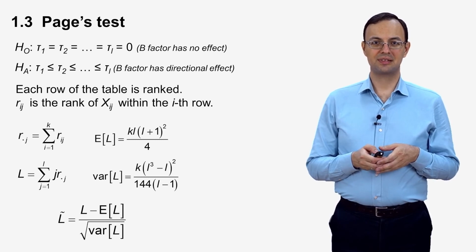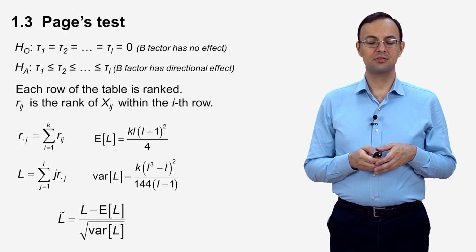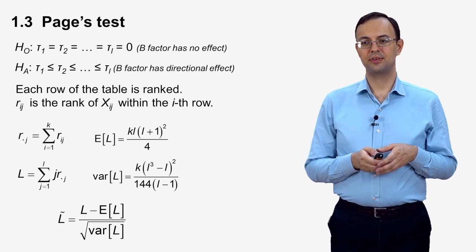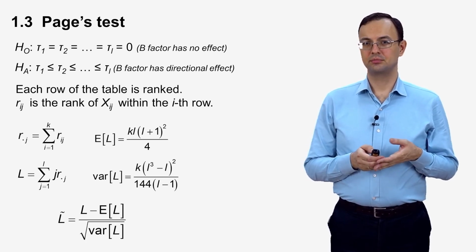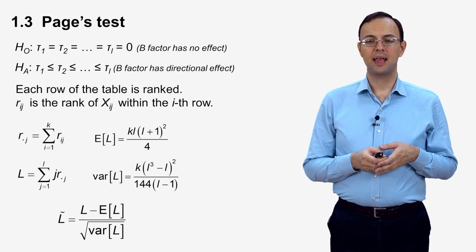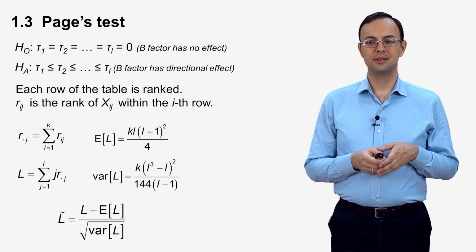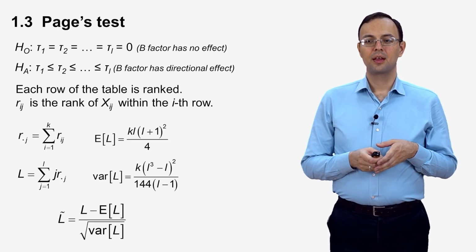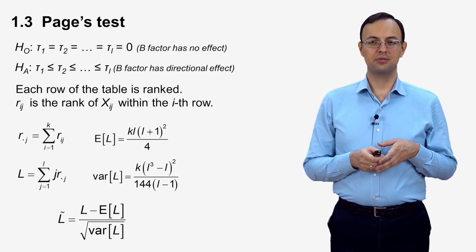So for big sample sizes, it follows a normal distribution. And then we are to standardize this statistic. We calculate the expected value and the variance according to the given formulas that were derived by Page. Then we standardize the test statistic: L tilde is L minus E of L divided by the square root of the variance of L. And then we test the hypothesis assuming normal distribution.